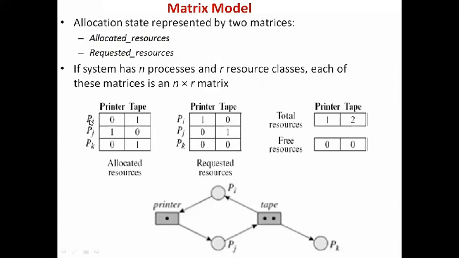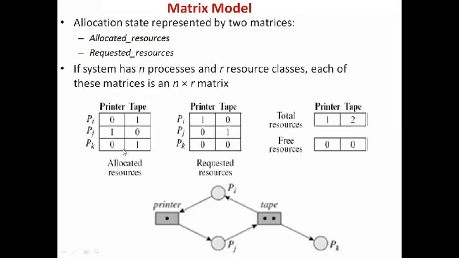So on the column-wise, you can write down all the processes present in the system, and those are PI process, PJ process, and PK process. And in the top place, you can write down the number of resources. One is the resource printer, and the second one is the tape.